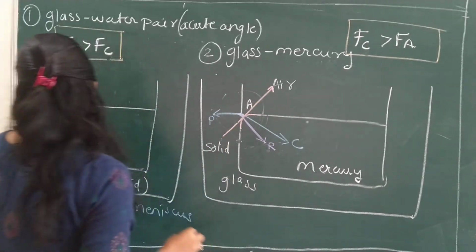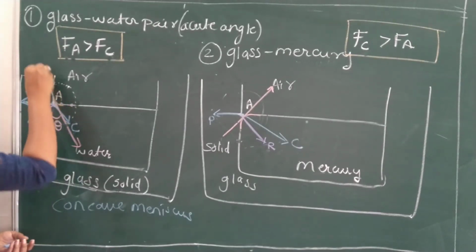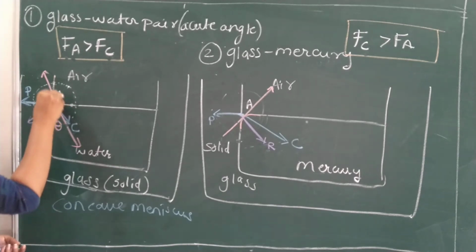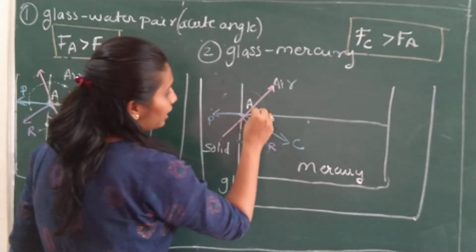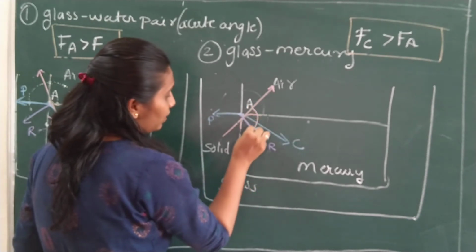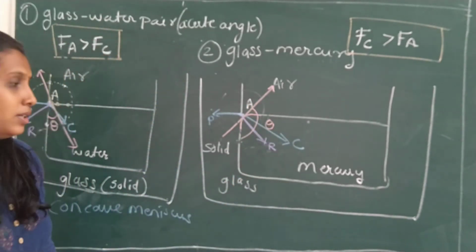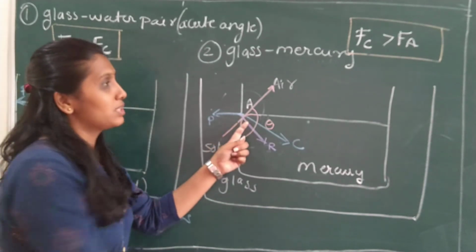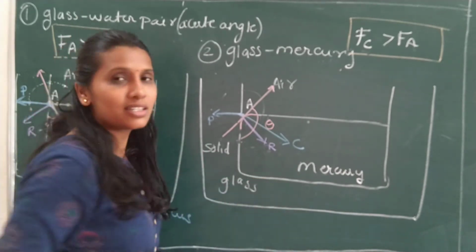And obviously, this is my angle of contact, that is, the tangent drawn to the free surface of your liquid and solid. In this case, my angle of contact will be this one. Right? So here, because the cohesive force is greater than adhesive force, which meniscus have I got?